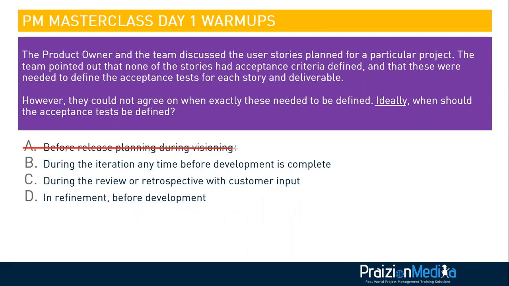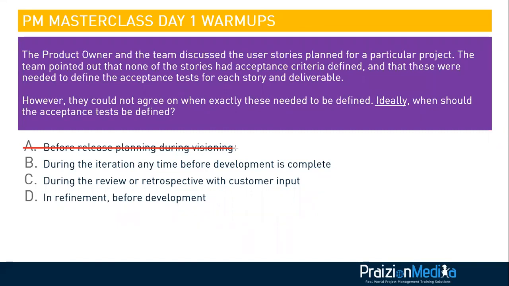Now, if it is the multiple events that happen, because release planning is not just a one-time thing, if it so happens that it's in the future, it's still not the best place to do that. But this says before release planning. If you think about the very first round of release planning, you wouldn't be doing that in there. So that's not ideal.